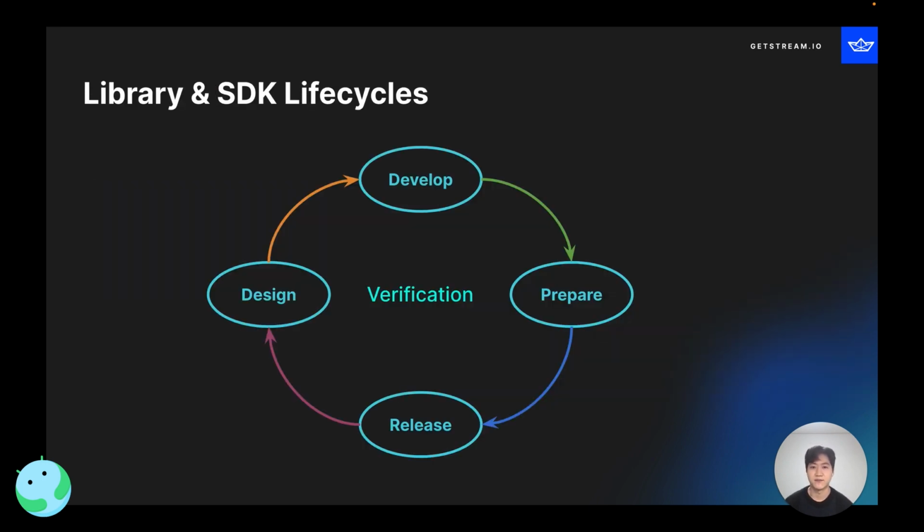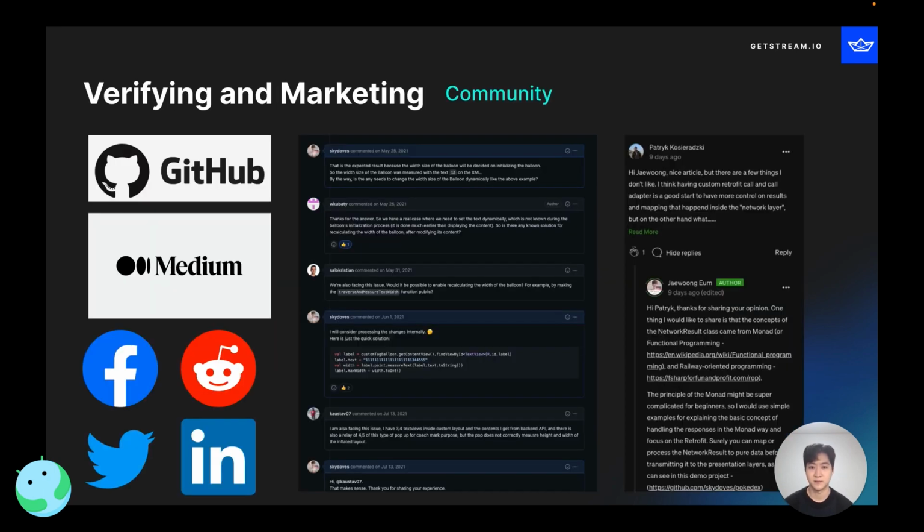And the next phase is verification. Open source means more than just opening your code in public spaces. After releasing your library, it's not the end, it's just getting started. You need to continuously verify how the solution works, whether it is valuable and efficient, by communicating with library users.